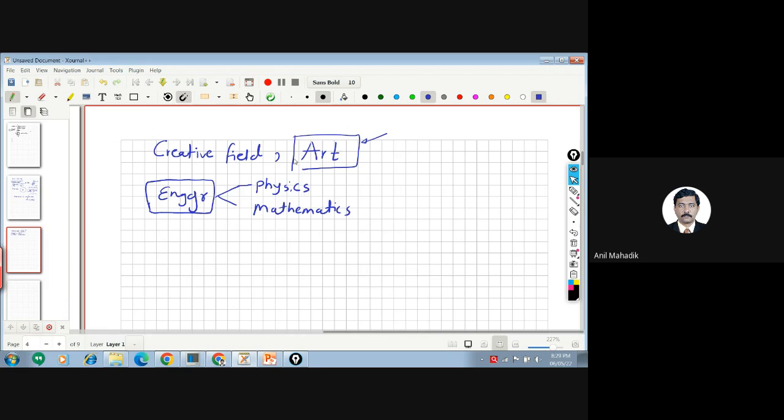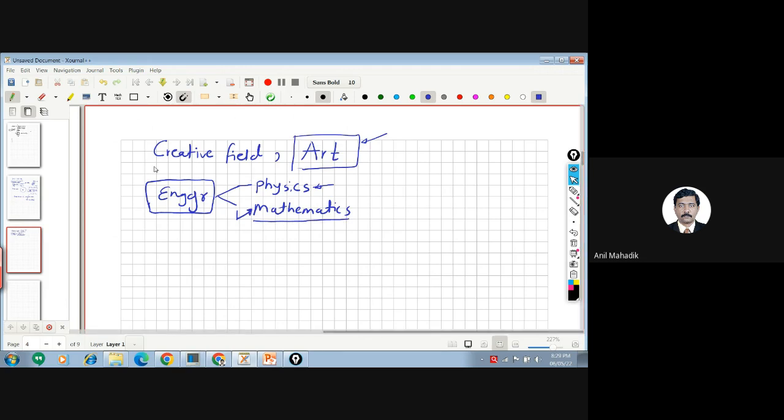So we should combine this art and engineering together. In engineering, we have learned a lot of things, much mathematics. We have given more emphasis on the mathematics, more calculations, but almost less emphasis on art. And physics also we have learned, but the major focus was given on the mathematics.